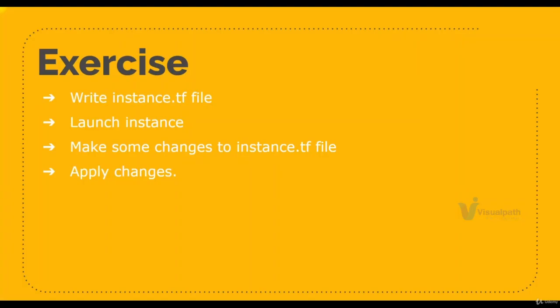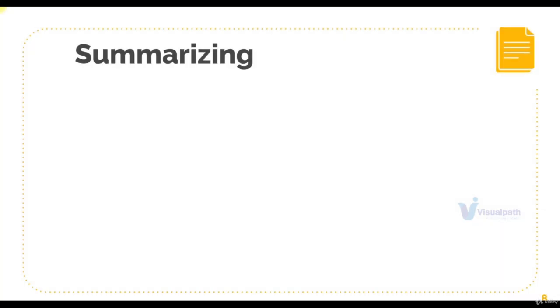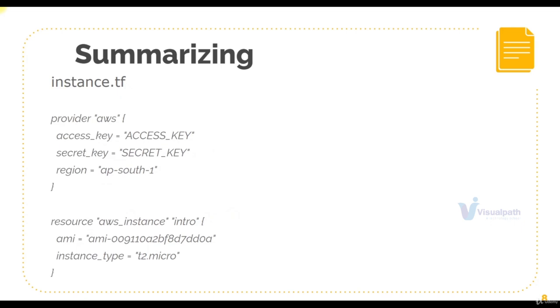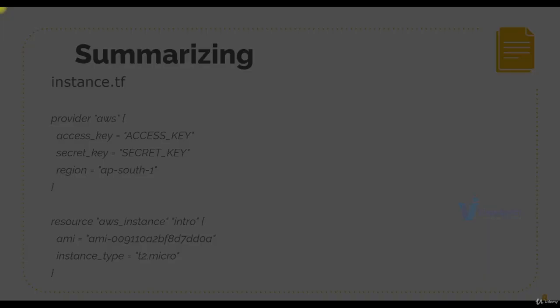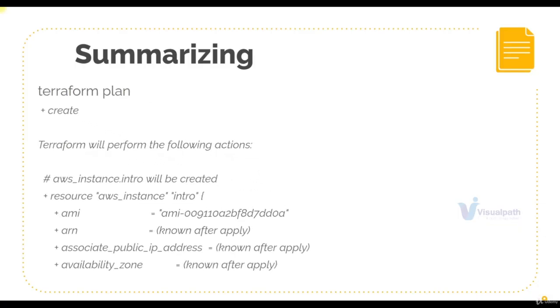Okay, so let's summarize. We have written an EC2 instance.tf file. We launched the instance, we made some changes, and we applied the changes. We have the instance.tf file, just one file for now, which has the instance information and also the provider, AWS. So terraform apply.